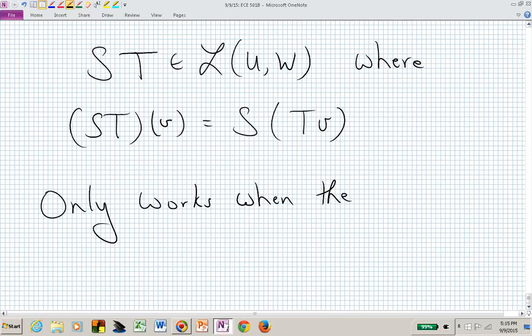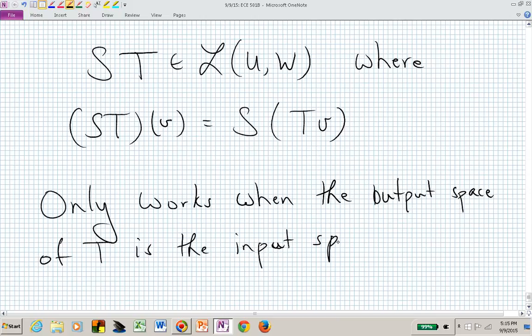It only works when the output space of the first map, let's say T, is the input space of S.